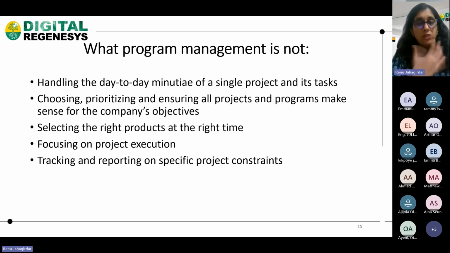That means which project should begin first, and which project should follow the first project. All this is a task of a program manager.